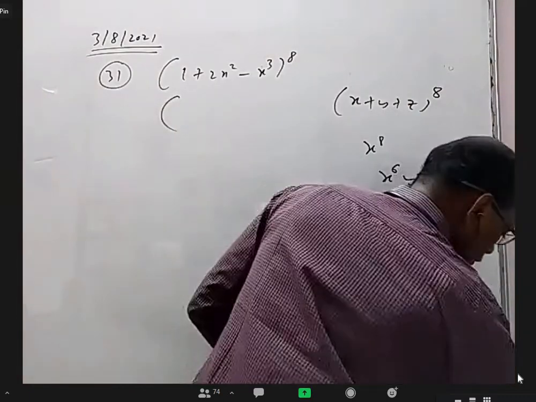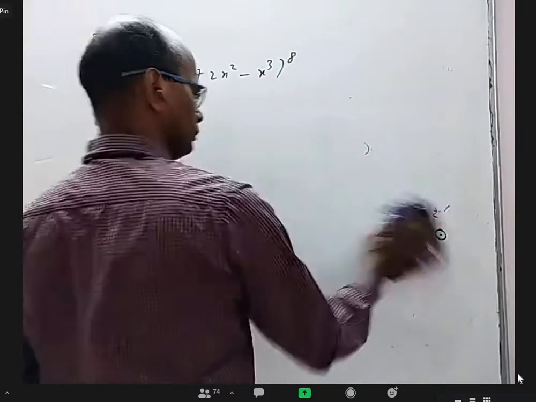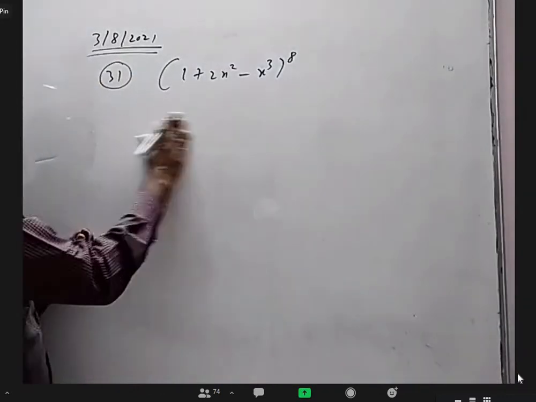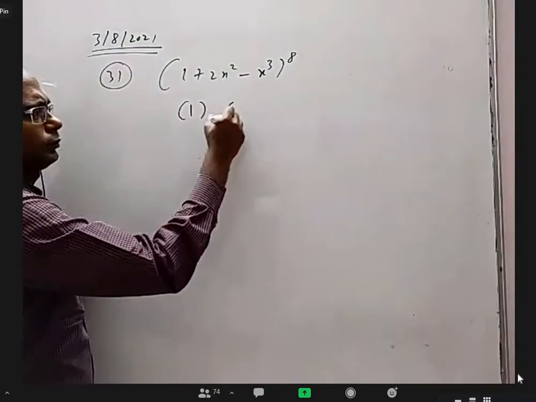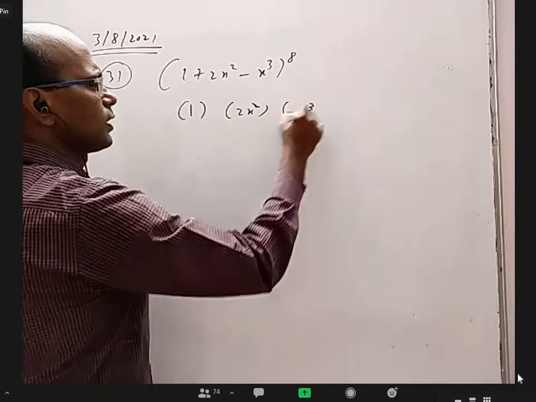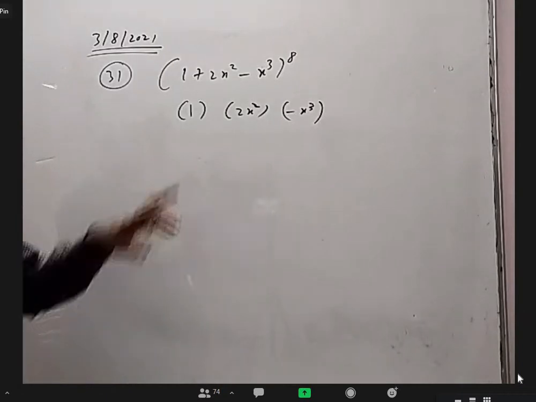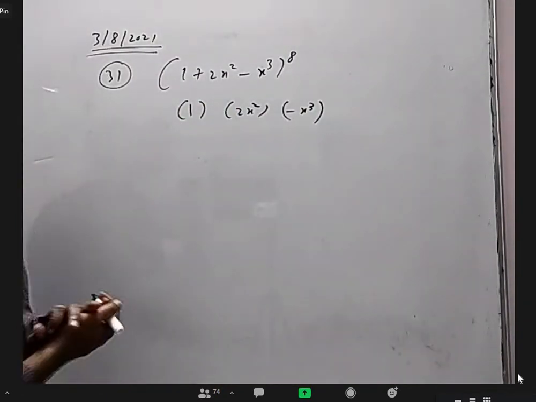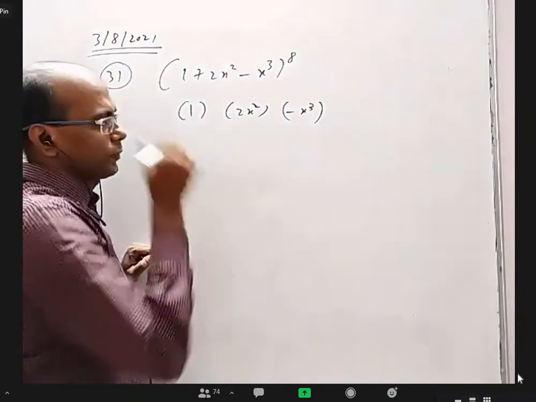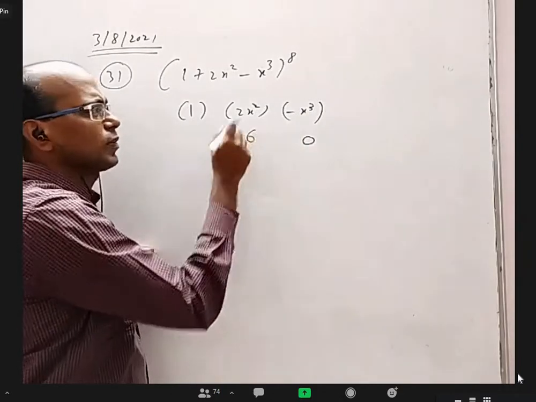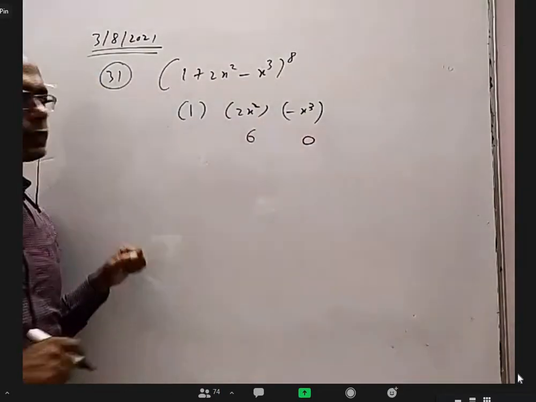So now our job is: one will have some power, 2x square will have some power, minus x cube will have some power. But when you multiply all of them and add the powers of x, you get 12. So one option is, if I take power 0 here, I have to take power 6 for this, because I need x power 12.